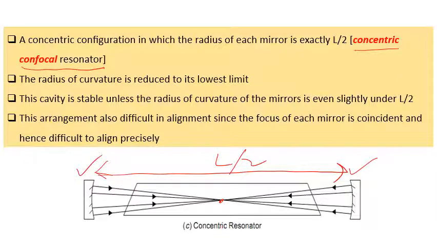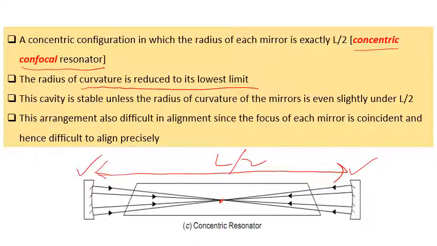Okay, so this radius of curvature is reduced to the lowest limit. Lowest limit. Okay. In the other case, the situation will be devastating if you reduce more, and it is focusing here, and then expands again, and this one will focus here, then expand again, and that will not satisfy the condition. Okay.